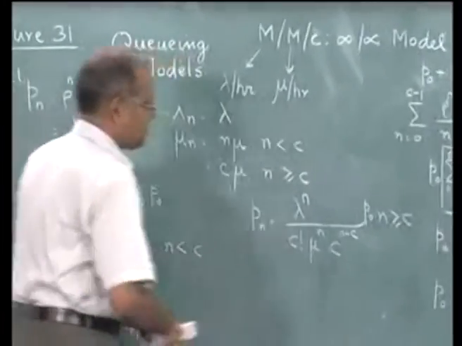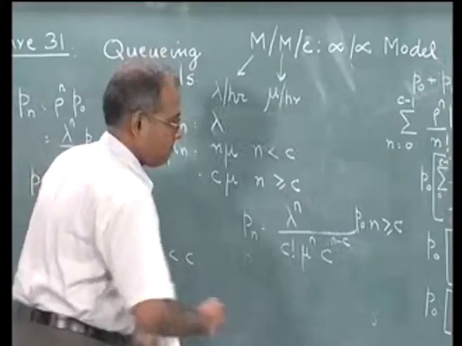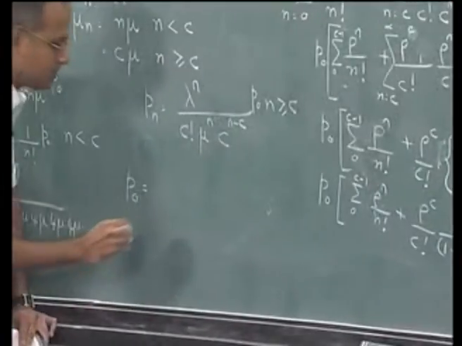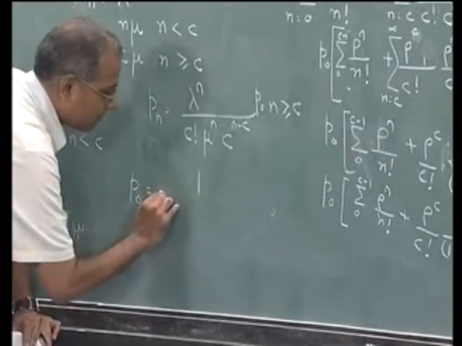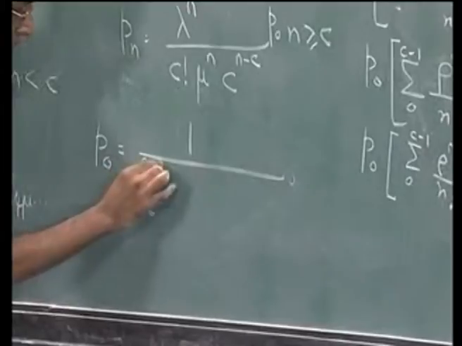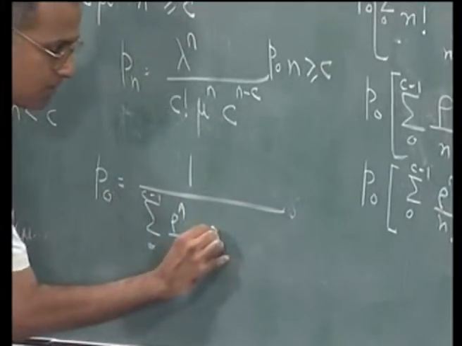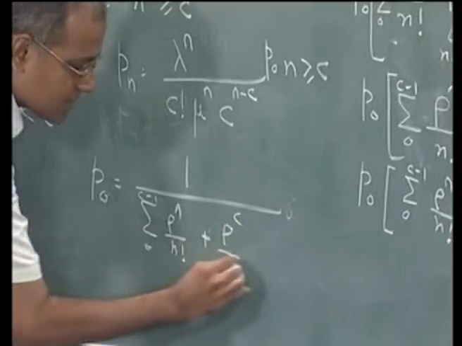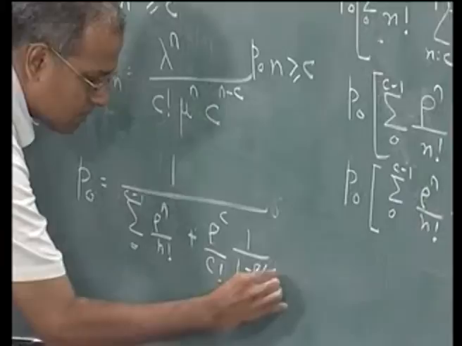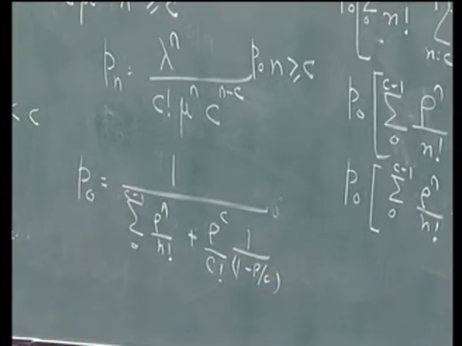So, now P naught is equal to 1 by sigma 0 to c minus 1 rho power n by n factorial plus rho power c by c factorial into 1 by 1 minus rho by c. Now, this is the expression for P naught.